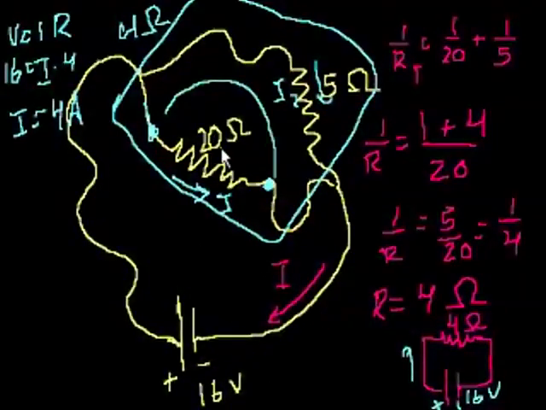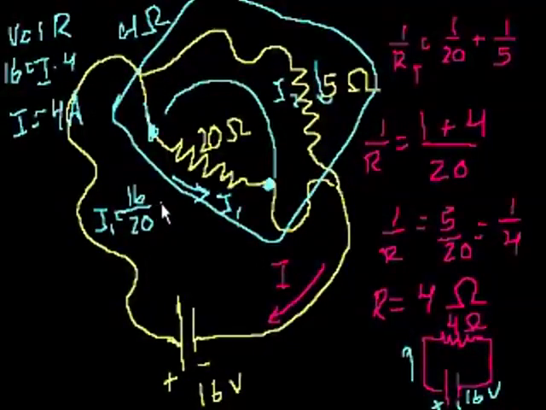So you have 16 volts across there. 16 volts divided by 20 ohms. So let's call this I1. I1 is equal to 16 volts divided by 20 ohms, which is 4/5 of an ampere, or 0.8 amperes.